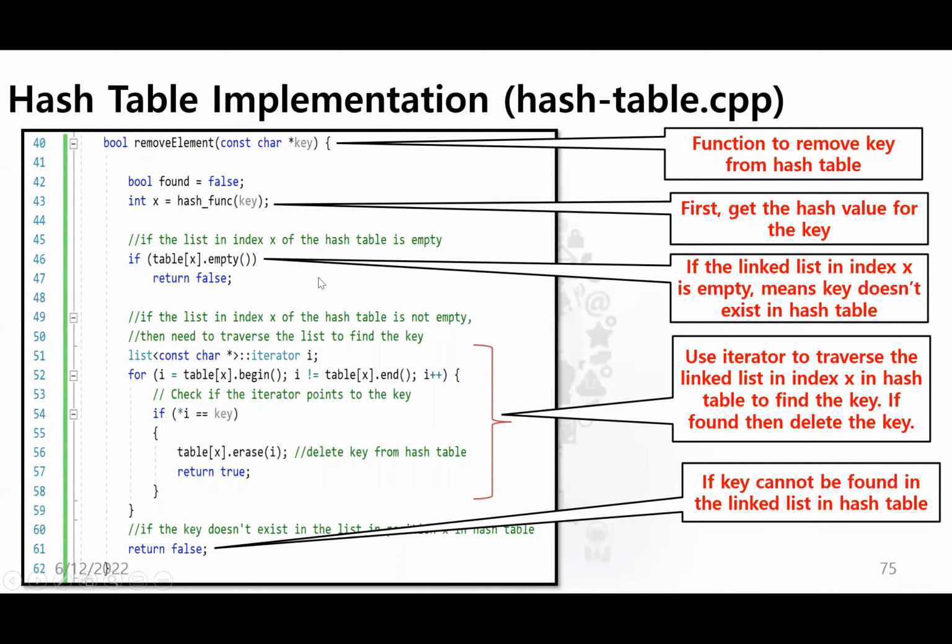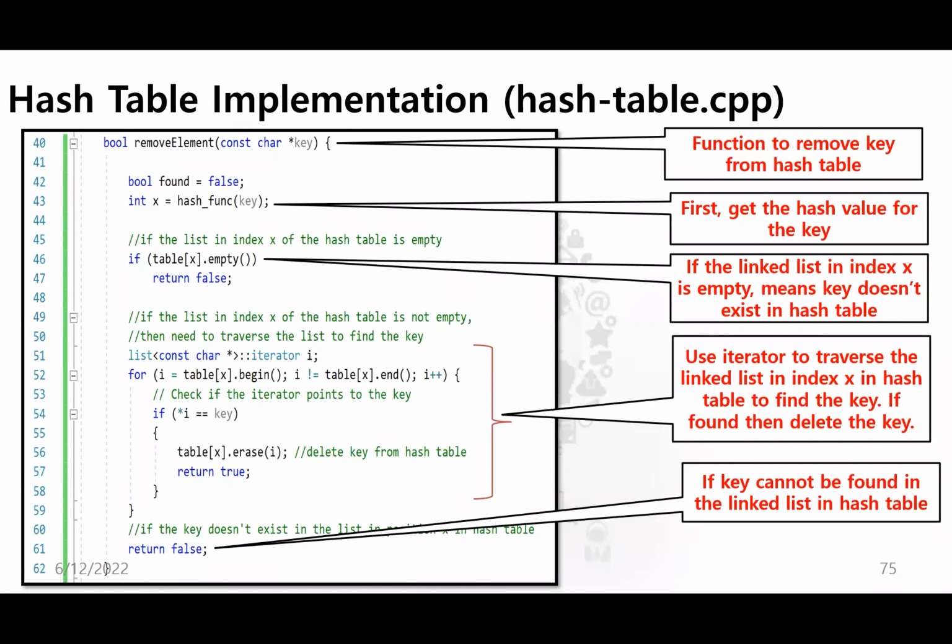Else, if it's not empty, which means that inside this index you have a linked list. Because the linked list can have more than one item, you need the iterator, because it's an STL list, to go through starting from the first node and check whether it's the key that you're searching for or not. It's like just now you have Langsam and Proust, right?